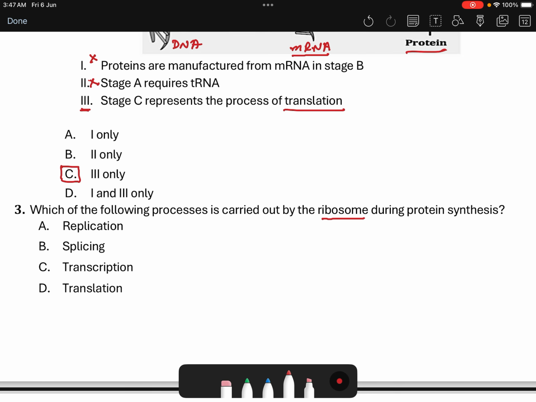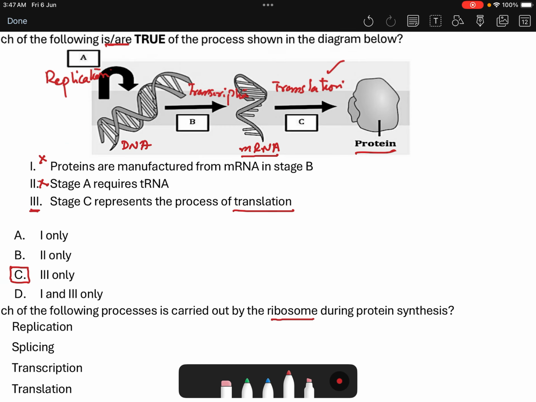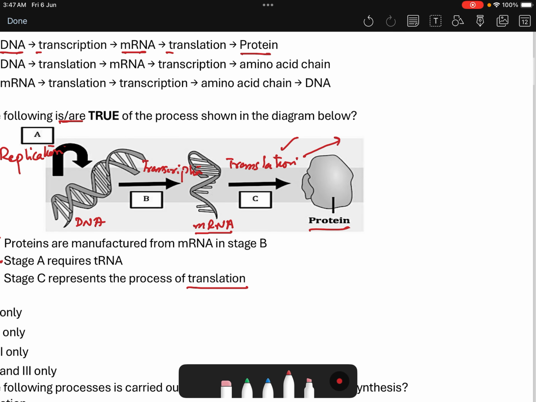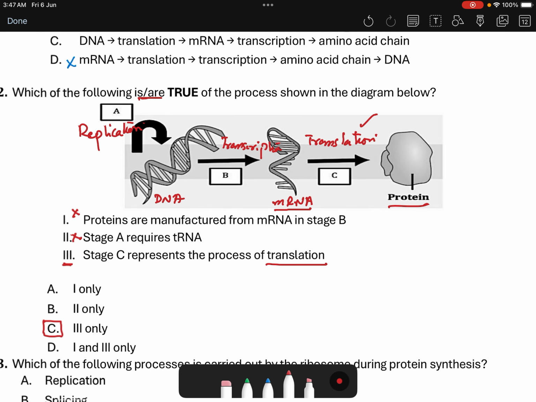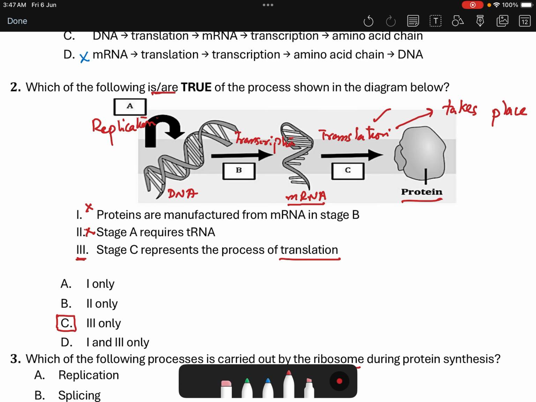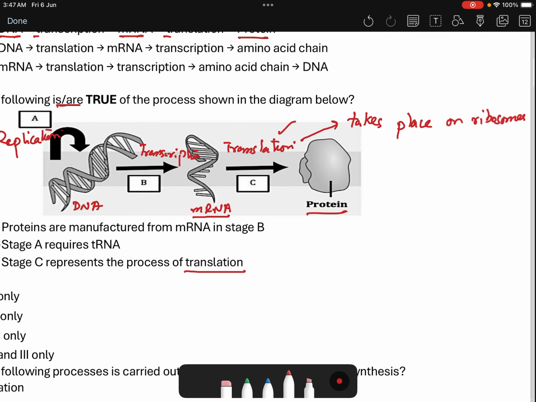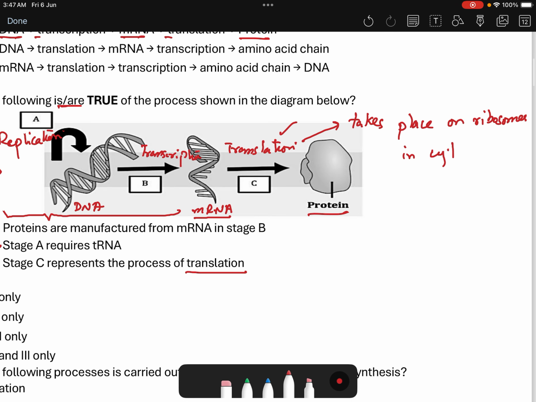So they are involved in translation, because translation takes place on ribosomes, while on the other hand, replication and transcription, these two stages take place in the nucleus, while translation takes place on ribosomes in the cytoplasm.